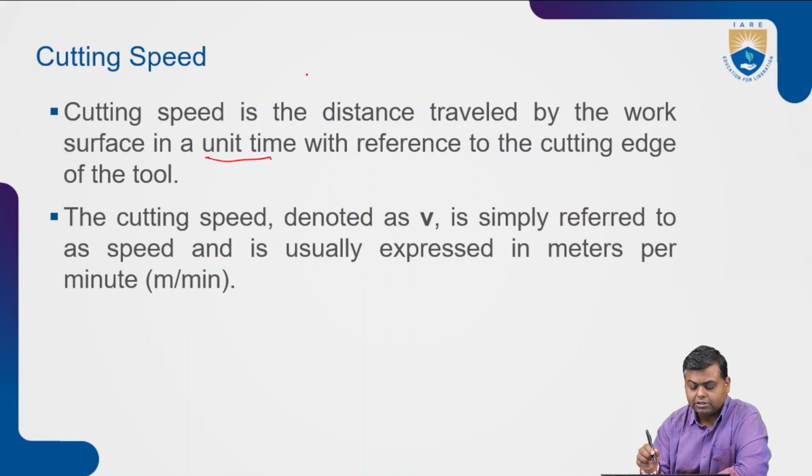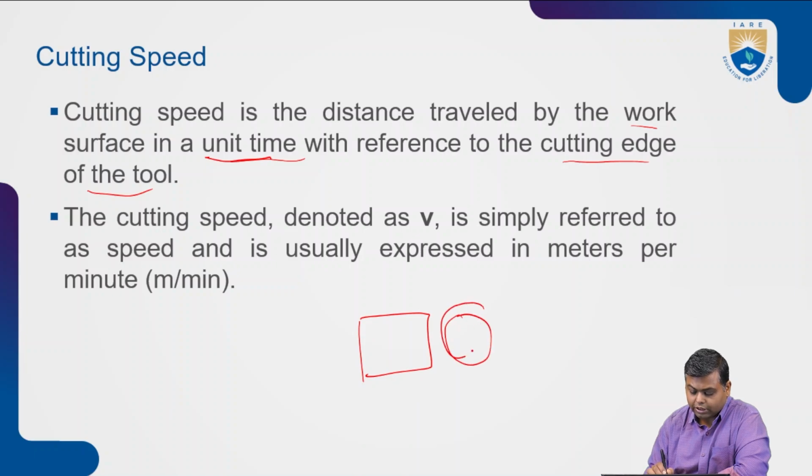Here the cutting edge of the tool is very important, because if the tool is rotating, as in milling, the workpiece is to be fed with respect to the tool. The cutting speed is denoted by V, which is simply referred to as speed. Usually it is expressed in meters per minute.